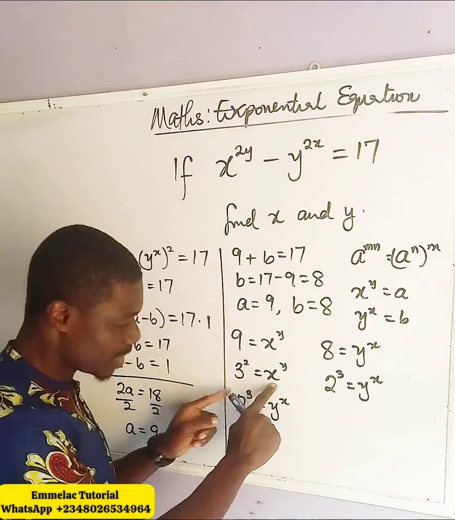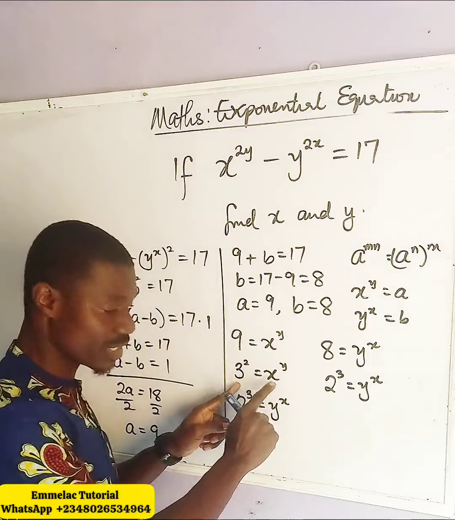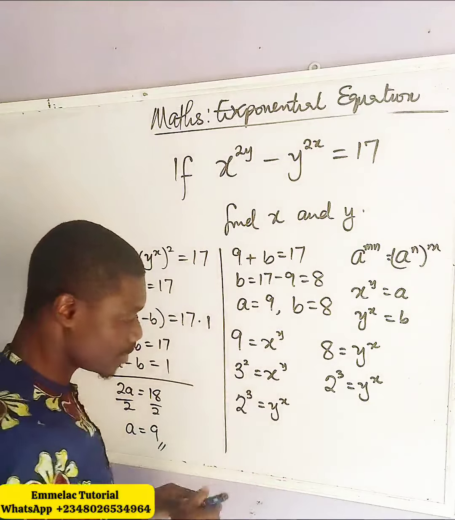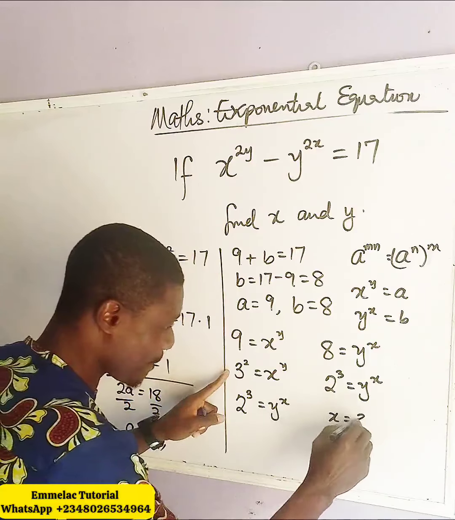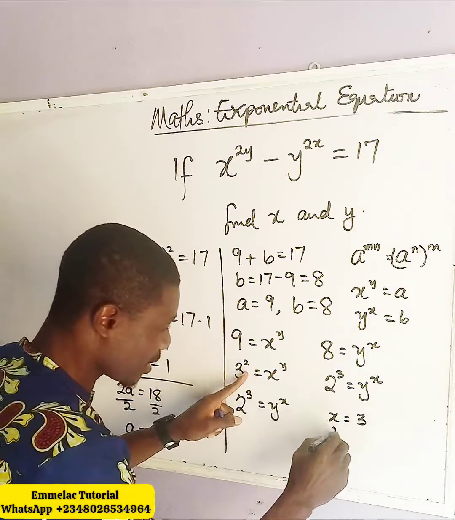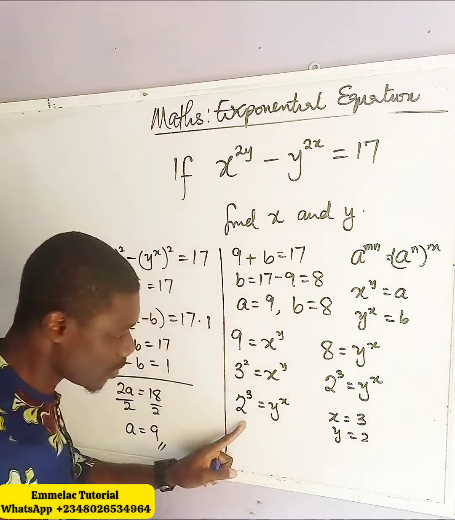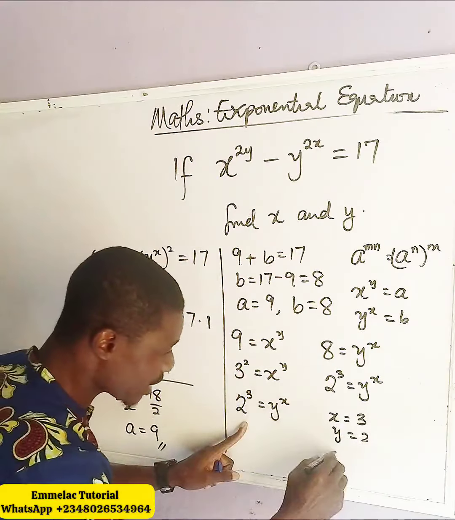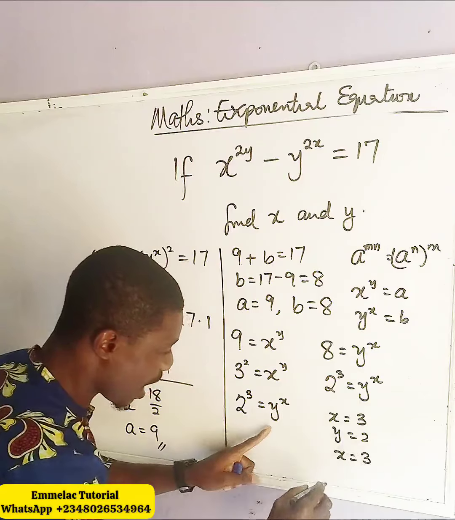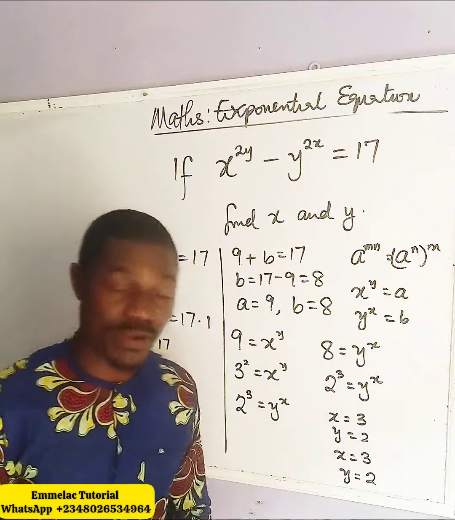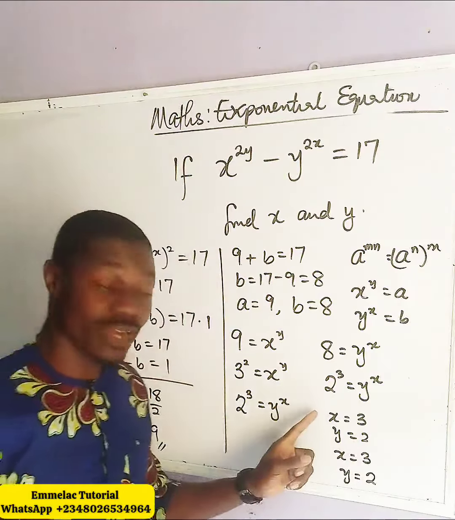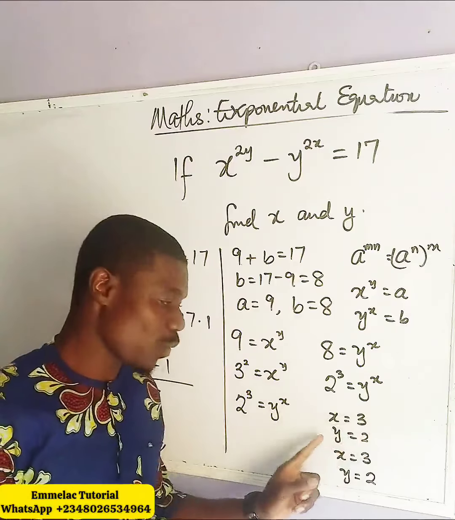So which means the base here equals 3. I mean x equals 3. Let me just write it out so it will be clearer. Then x equals 3 here, then y equals 2 here. Now let us come here. x also equals 3 and y equals 2. So by comparison of these two, we agree that x equals 3, y equals 2.